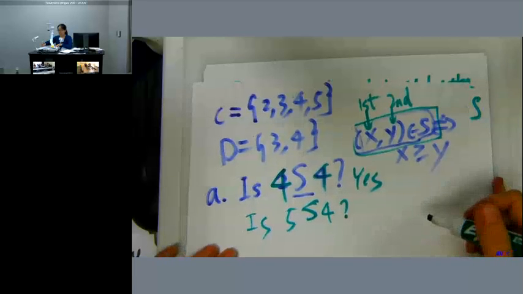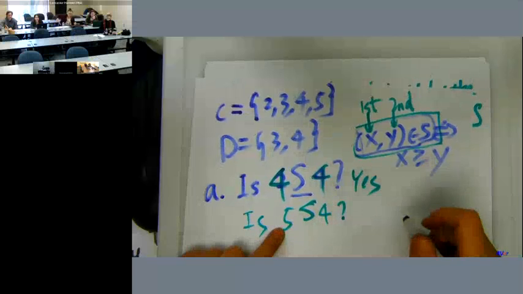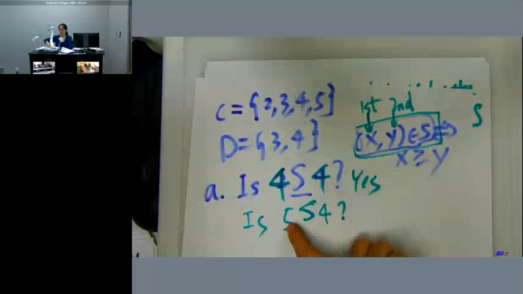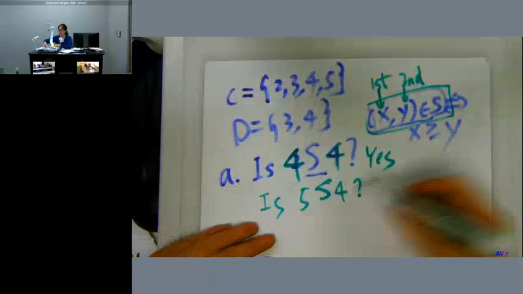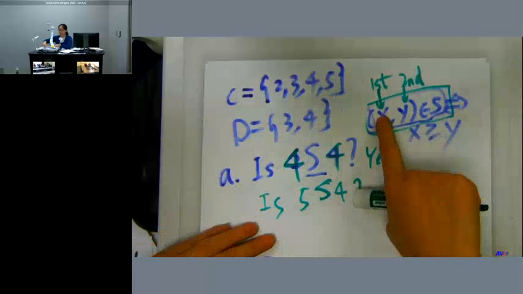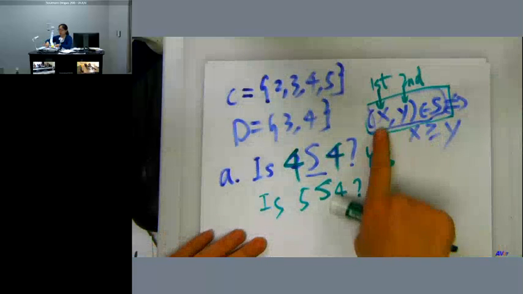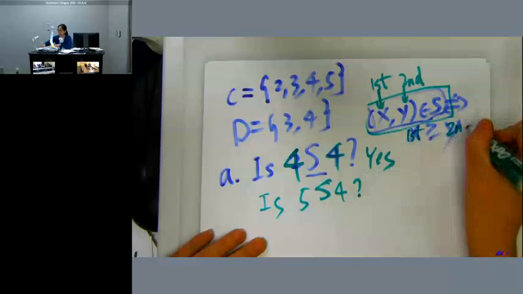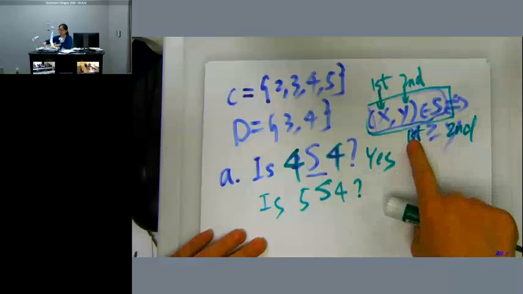Yes, because it's greater. Be careful. You may say, well, 4 is less than 5. But you cannot switch the numbers. You have to follow the order. That's why the first number, second number is important. So only when you have the first number greater than or equal to the second number, x is the first, y is the second, that's when you can say the first number is related to the second.